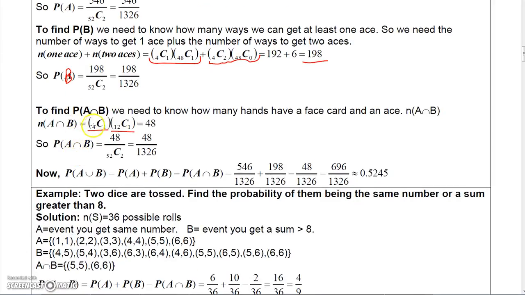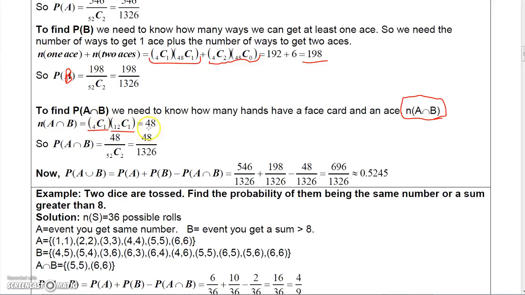And then finally, we need to know how many hands can have a face card and an ace, because that would be the intersection. The only way you can have a hand that has both a face card and an ace is for one of them to be a face card and one of them to be an ace. So the number of ways to get a face card is 12 choose 1, and the number of ways to get an ace is 4 choose 1.